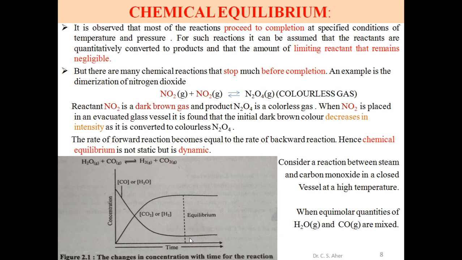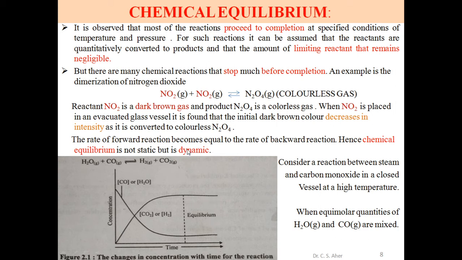After this time, for infinite time, this concentration remains the same. The product concentration goes on increasing, and after the dotted line it is again horizontal. This concentration remains the same at the equilibrium state. This parallel line shows the concentration of reactant and concentration of product remain the same.